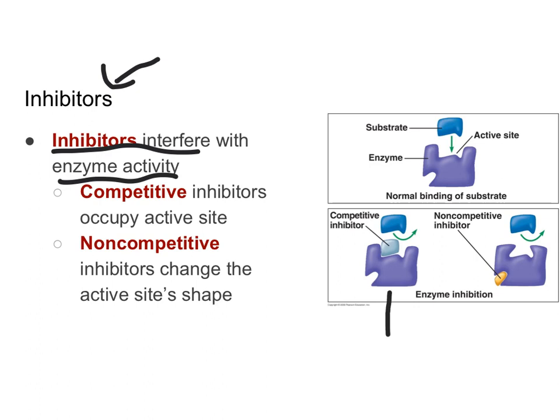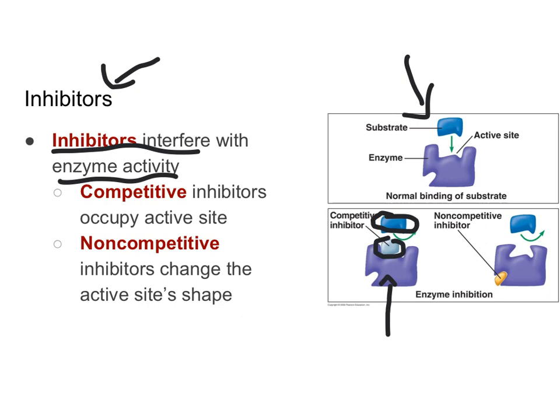In this example, my purple molecule, this guy right here, is the enzyme, and this is the substrate that we're trying to break down. Normally this substrate will bind to the active site and the enzyme will be able to convert it to a different substance. However, if we have an inhibitor present, the inhibitor stops the substrate from being able to bind to the enzyme.